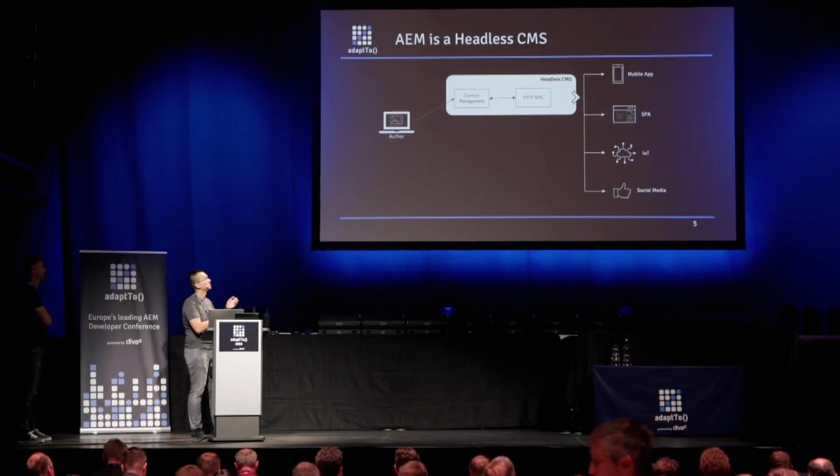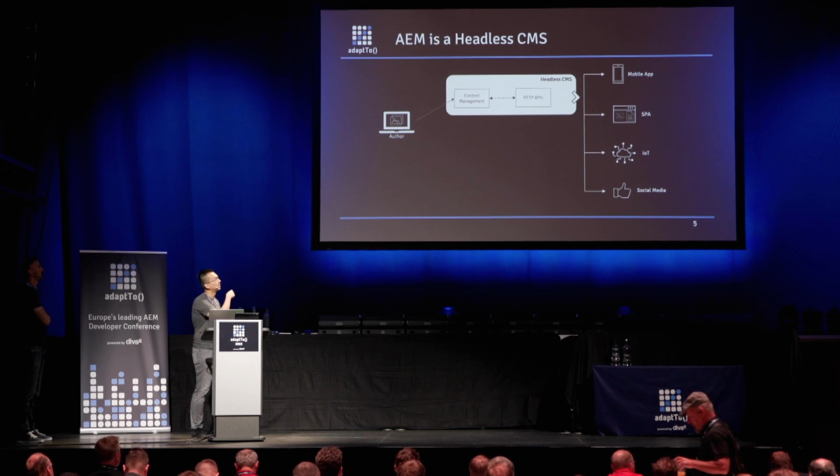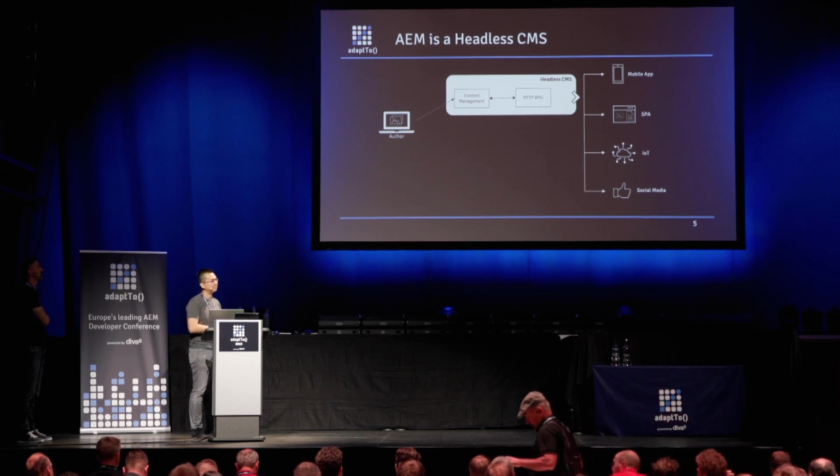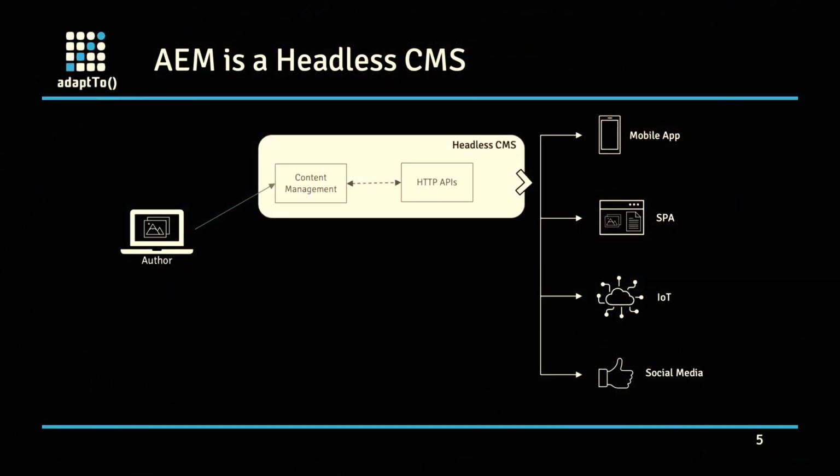So the author goes to the CMS to author the content using the UI. And then with the HTTP API, particularly GraphQL, you can deliver the content to the client app so that it can render in multiple channels, namely mobiles or SPA, IoT devices, and social media channels.